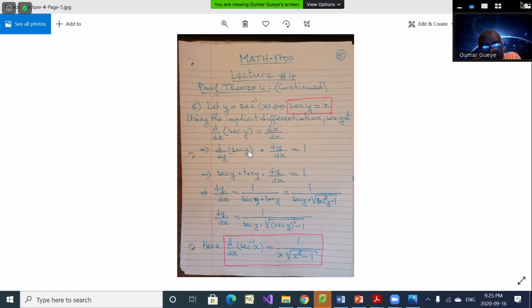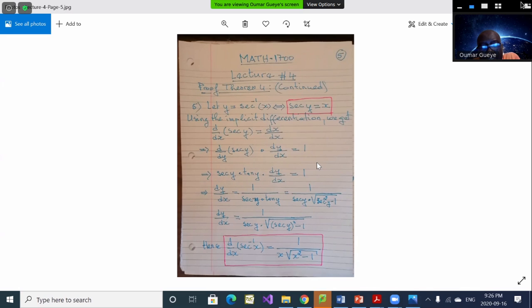And as you know, the derivative of secant y is equal to secant of y times tan of y. This product is just obtained from the derivative of secant of y. We just copy the last part, which is dy by dx, and the right-hand side is still equal to 1.